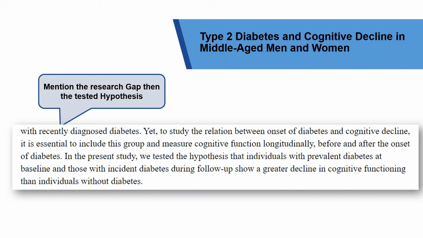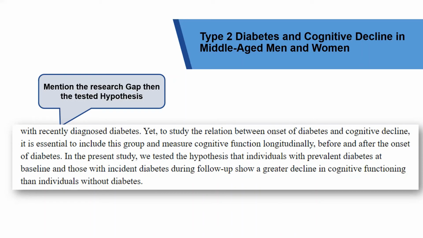So this is the gap. And then they mentioned their hypothesis, that we tested the hypothesis that individuals with prevalent diabetes at baseline and those with incident diabetes during follow-up show a greater decline in cognitive functioning than individuals. So that's their hypothesis they want to test.